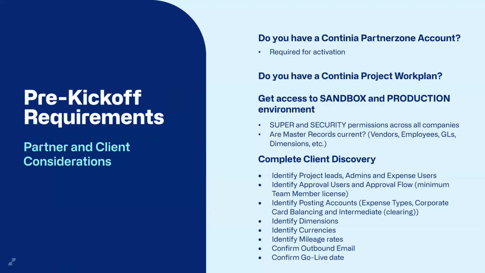Okay, so your partner sales team has just sold a deal and they told you that you need to implement expense management. So, what are the first things that you might need to do? The first thing you want to do is confirm: do you have a Partner Zone account? As a partner with Continia, you have access to what is known as Continia Partner Zone. This is a website and an internal portal that has a plethora of resources that you as the partner can take advantage of.